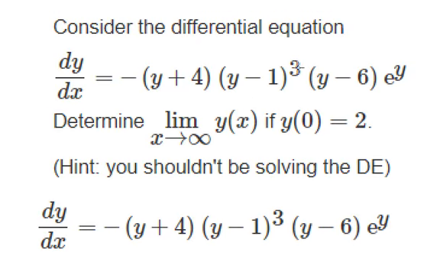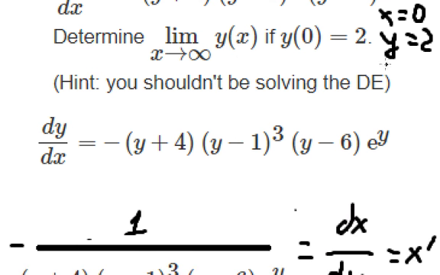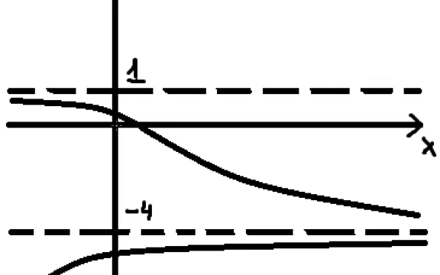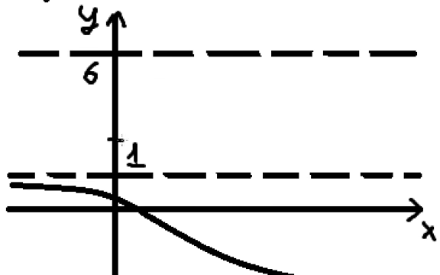The next one, we have the condition y(0) equals 2. That means when s equals 0, y equals 2. So 0 in here and 2 goes here. So the graph should be like this.